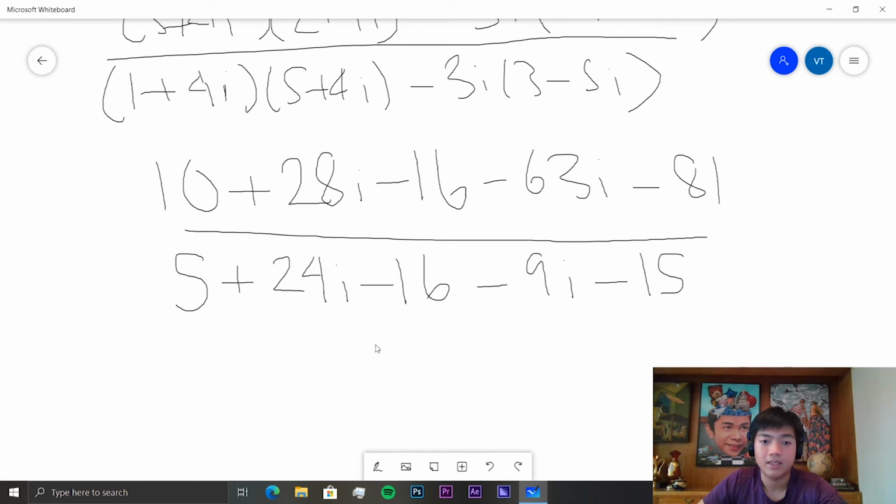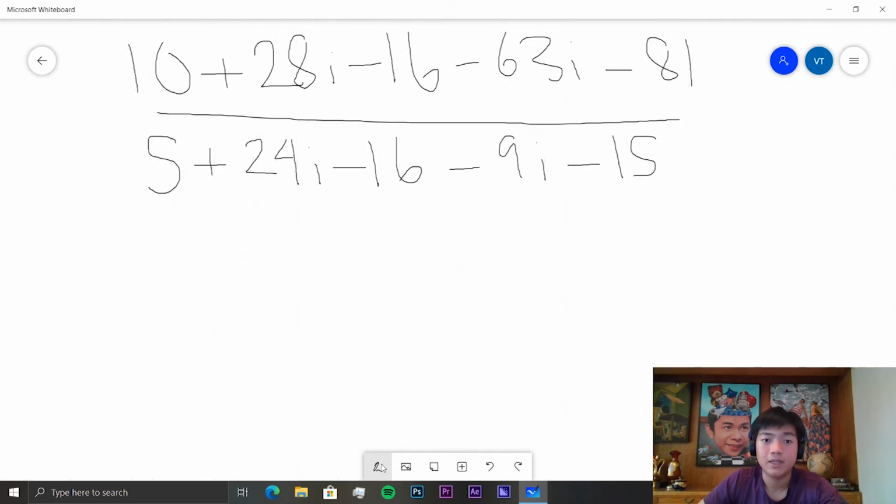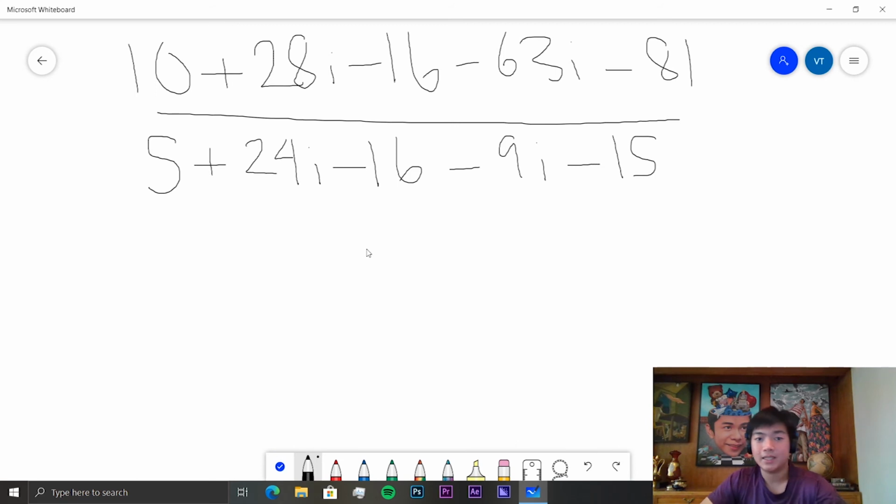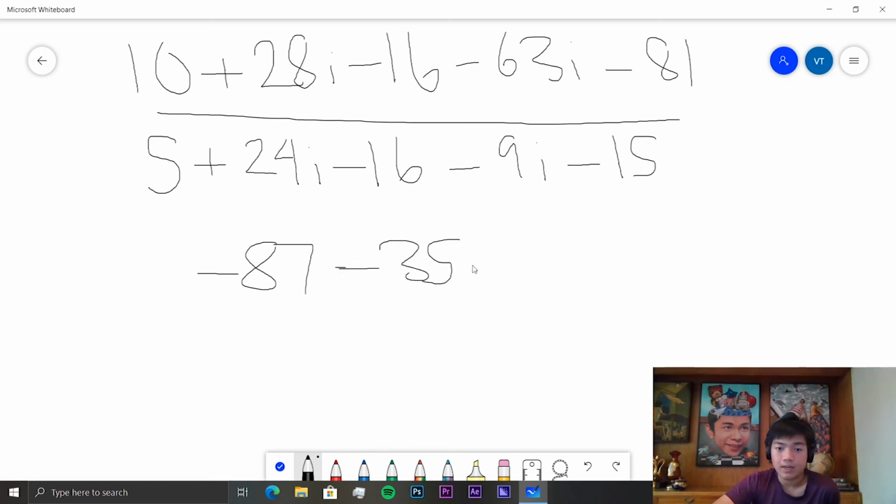Okay, and so this would be equal to 10 minus 16 minus 81 is 81 minus 6 is minus 87, plus 28 minus 63, that's plus 4 minus 9 plus 5 is minus 35i, all over 5 minus 16 minus 15, negative 31 plus 5 is negative 26, plus 24 minus 9 is going to be plus 15i.